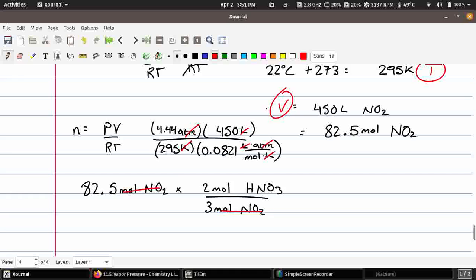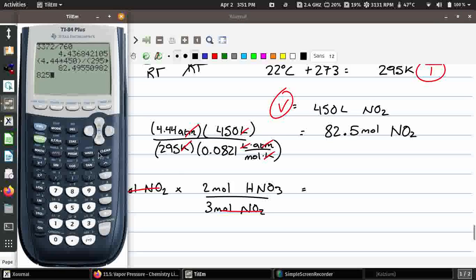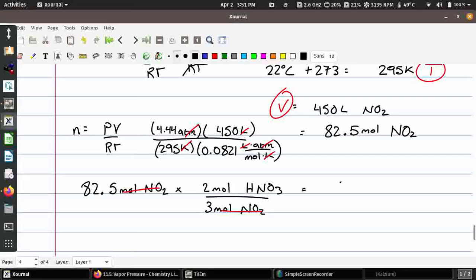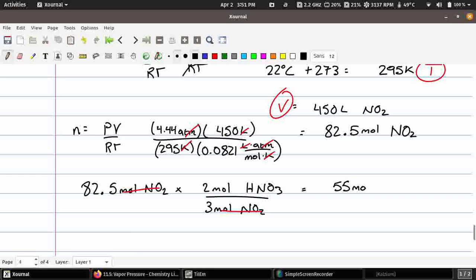So this cancels and this cancels. You essentially are multiplying this by 2/3. So you have 82.5 times 2 divided by 3. And that's going to be 55 moles of nitric acid.